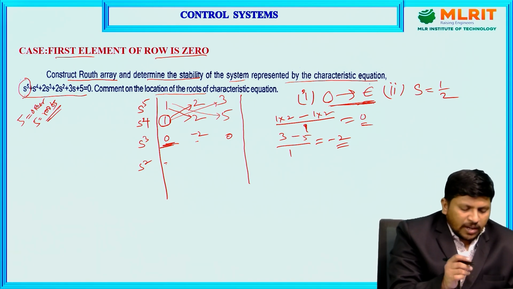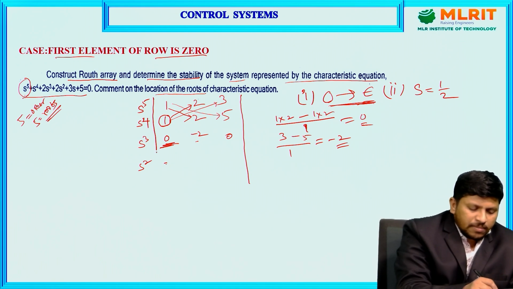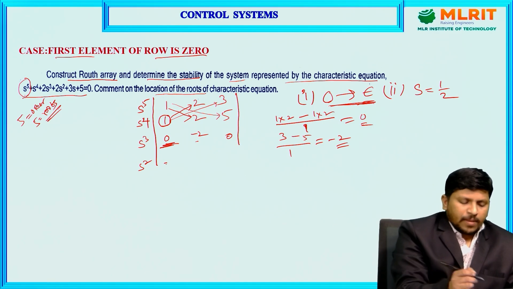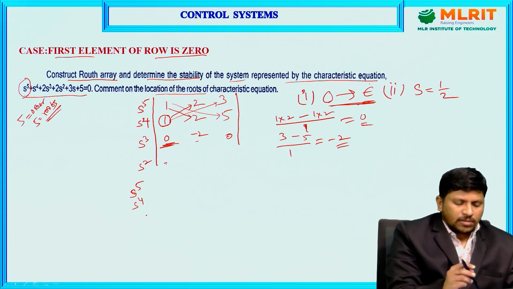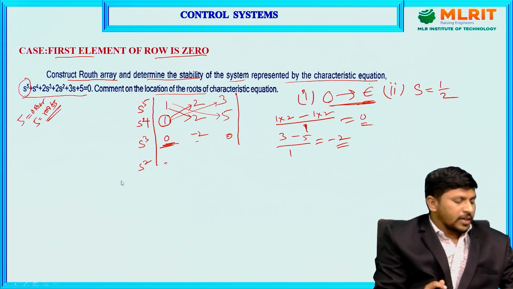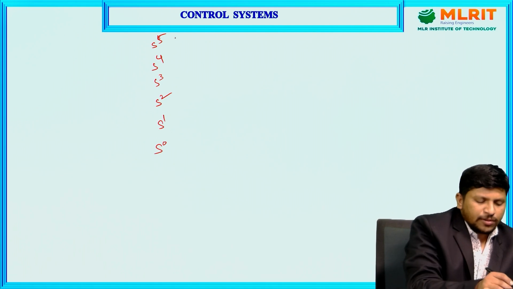Okay, now again I am going to draw this. I will draw it on the next page. s power of 5, s power of 4, s cube, s square, s power of 1, s power of 0.